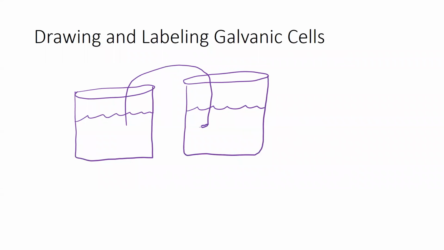The salt bridge often is a U-shaped tube that has a gel in it, or it's a piece of paper that is hung over the sides of the two beakers to connect the two solutions. So again, that's your salt bridge.